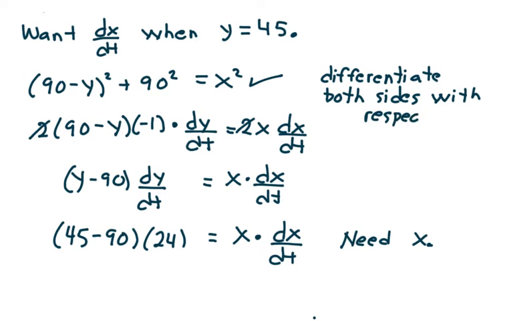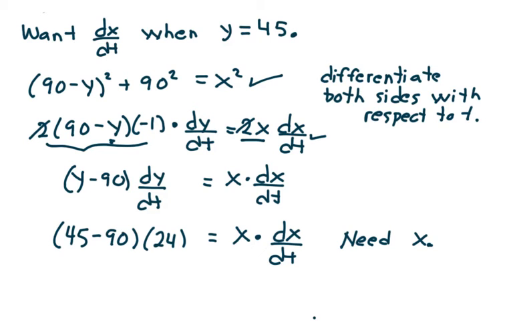Okay? So you're always differentiating with respect to time. And so on the right-hand side, we get 2x times dx/dt. And on the left side, we get 2 times (90 minus y) times negative 1 dy/dt. So I applied the chain rule. But don't forget, we have to take the derivative of y with respect to t.